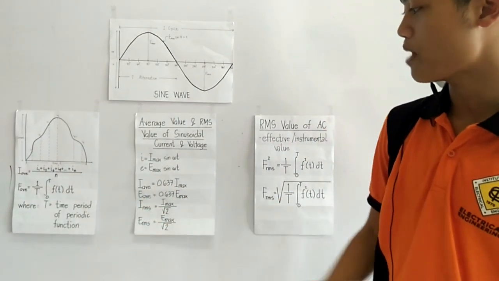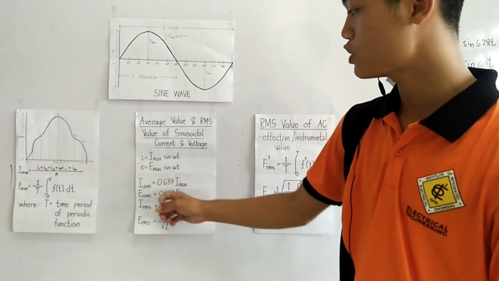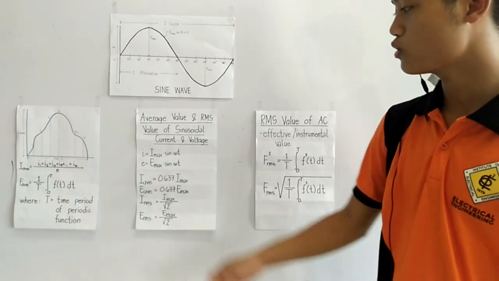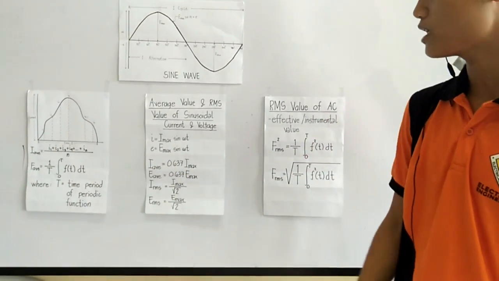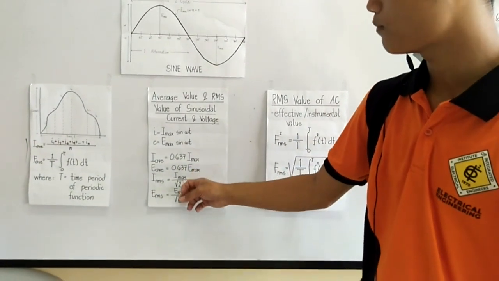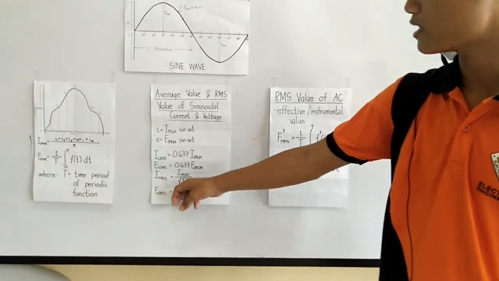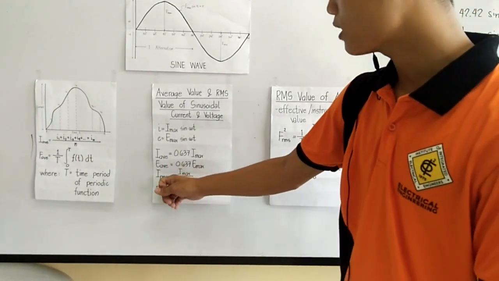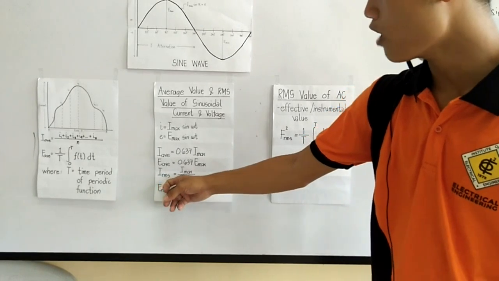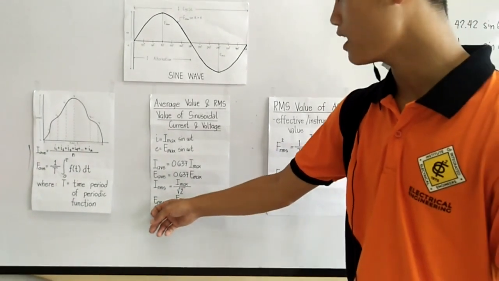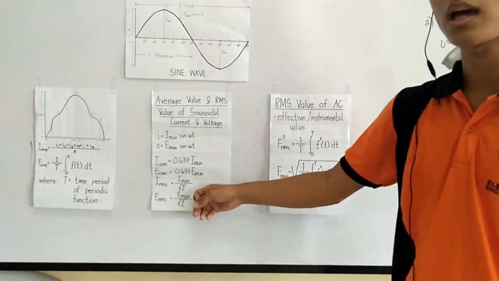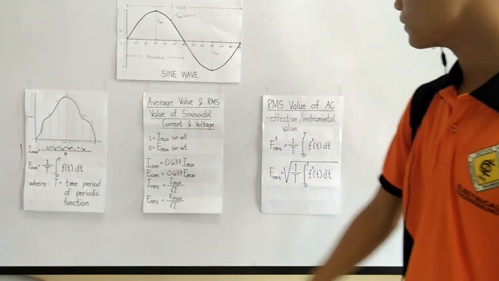The average voltage is also given in the form of E average is equal to 0.637 maximum voltage. The RMS value of a sinusoidal current and voltage is I RMS equal to I max over the square root of 2, and E RMS is equal to E max over the square root of 2.